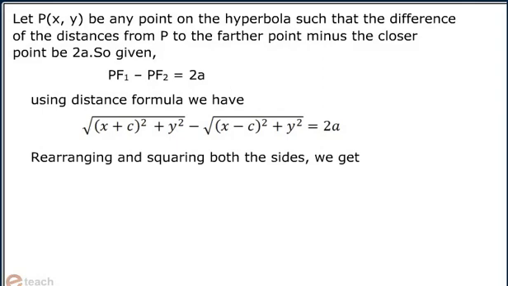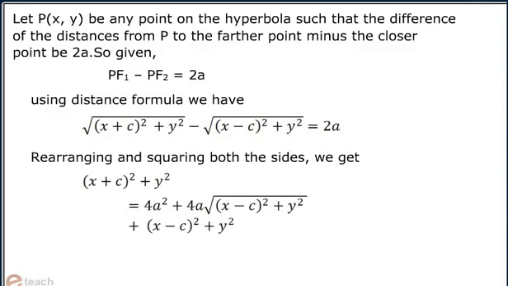Rearranging and squaring both sides, we get (x plus c) squared plus y squared equals 4a squared plus (x minus c) squared plus y squared plus 4a times the square root of (x minus c) squared plus y squared. So the square root of (x minus c) squared plus y squared equals cx by a minus a.